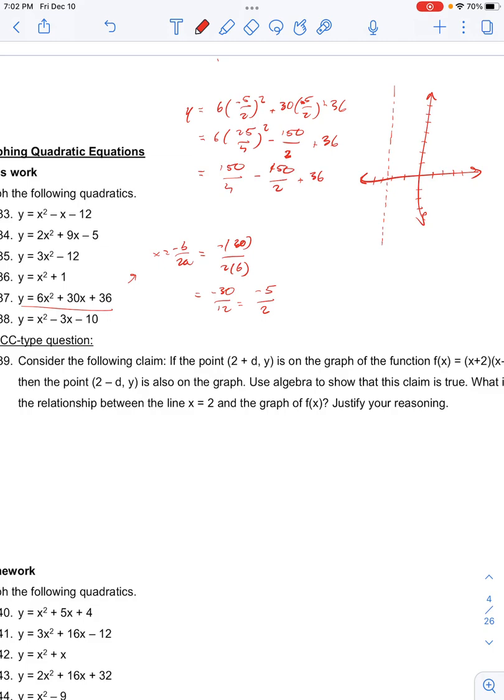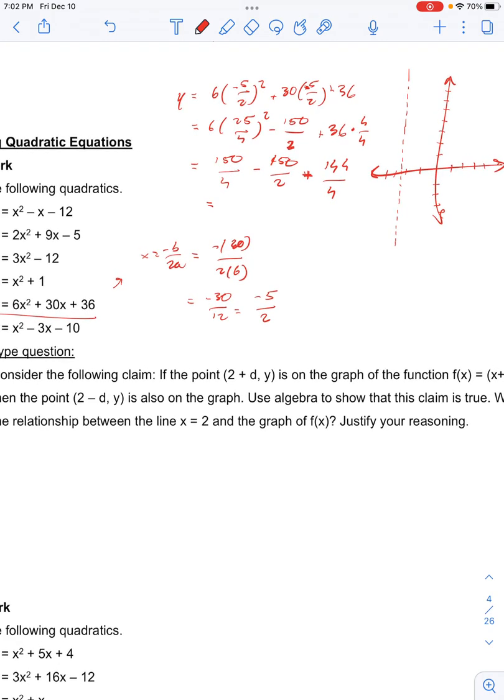And so we'll have, let's also multiply this 36 by 4 over 4. So we'll have plus 144 over 4.